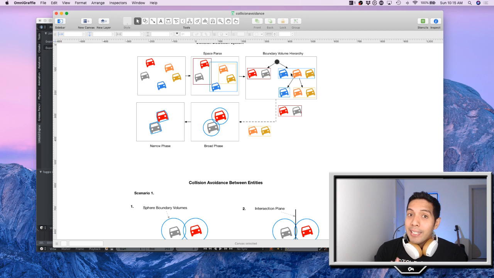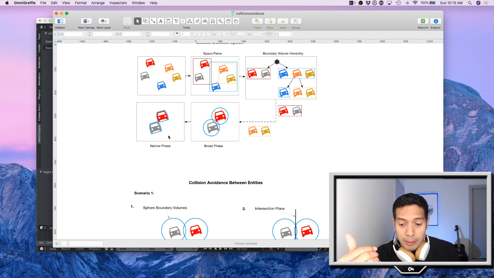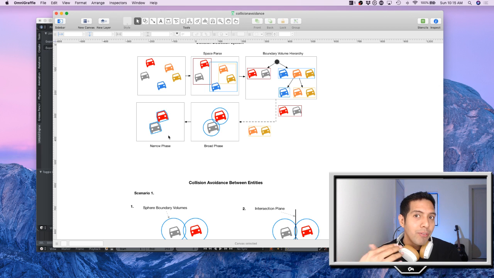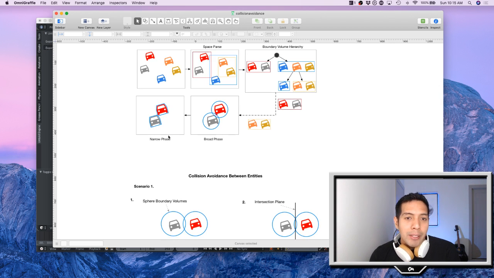So what I realized is, I already have these phases working for me, the broad phase and narrow phase. And the whole idea of the algorithm is to avoid any collision, prevent any collision. Well, if you think about it, the best way to detect any future collisions would be to extract the data that is produced by the broad collision phase.